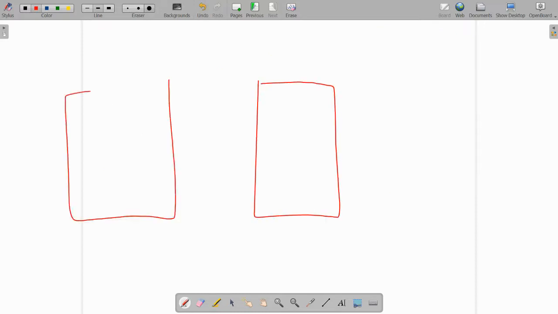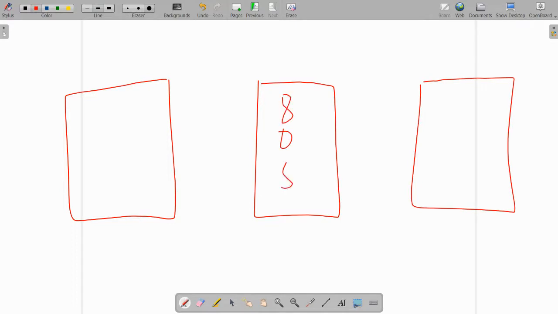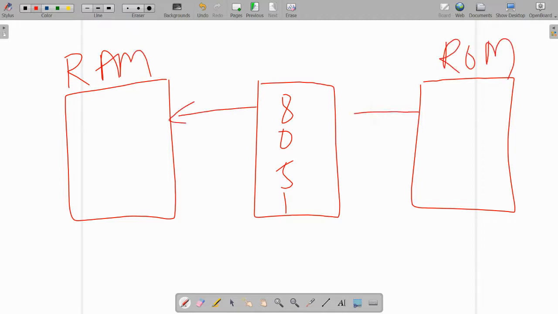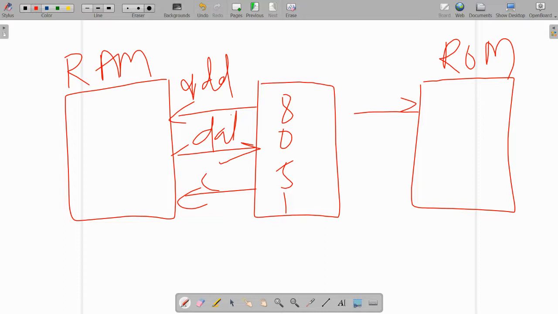This is your 8051. Here you have RAM, here you have ROM, and you can access them by the address. You have a separate address bus, you have a data bus, and you have a control bus. Same thing here also.